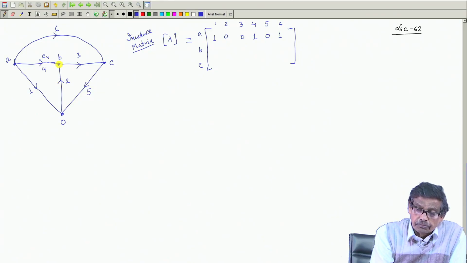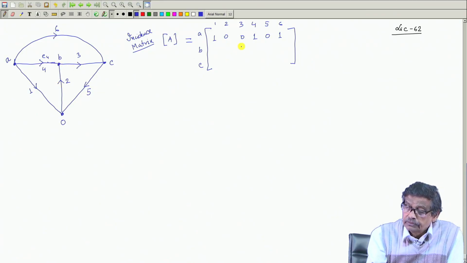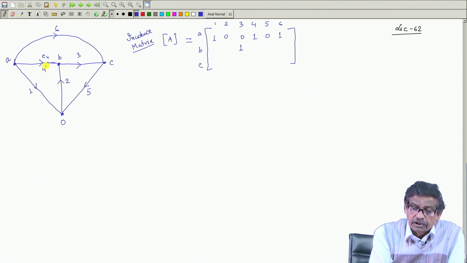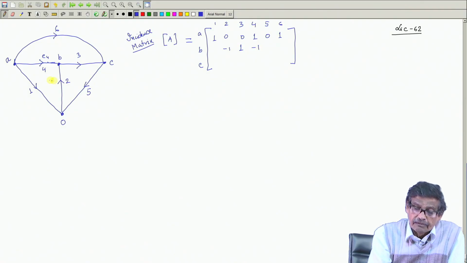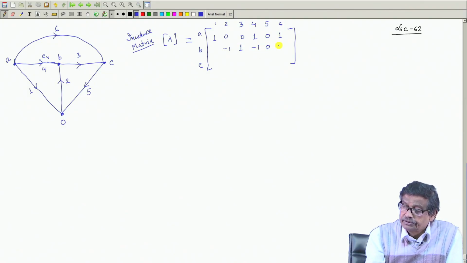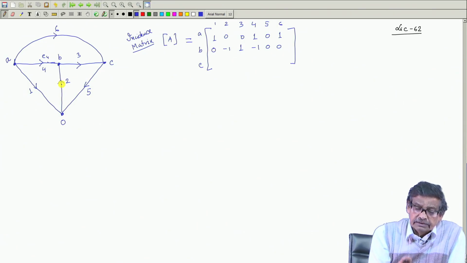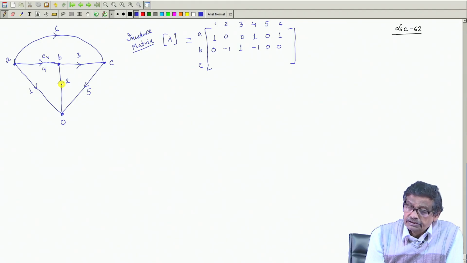Similarly, go to node B, things going out will be assigned plus. So 3 is plus, 2 and 4 are coming into junction B, and they will be minus, for node B, others are 0. This shows how quickly you can write this matrix looking at the graph of the network.